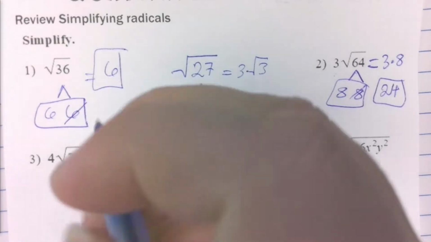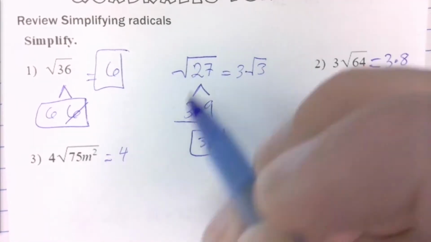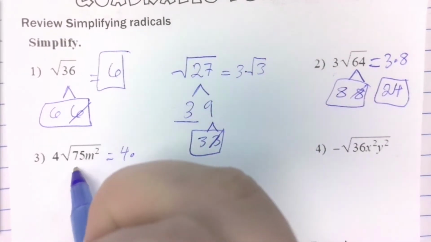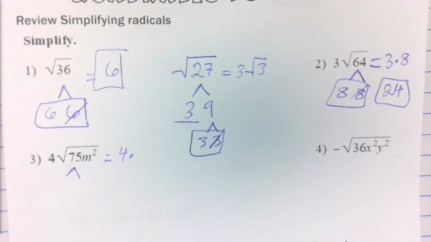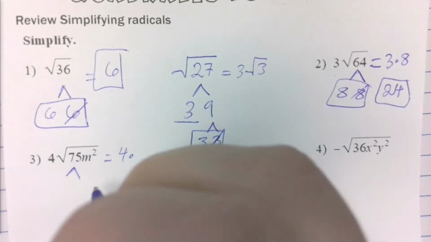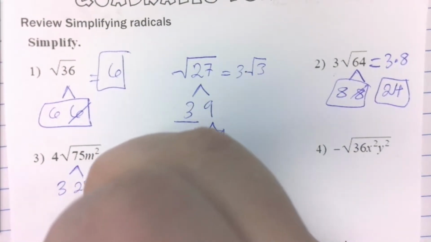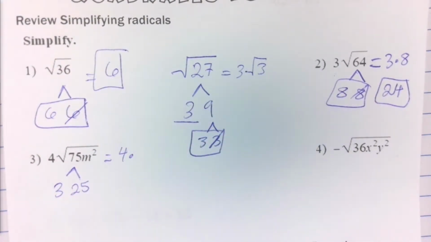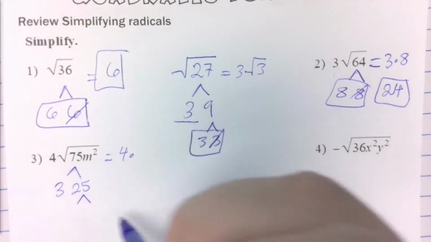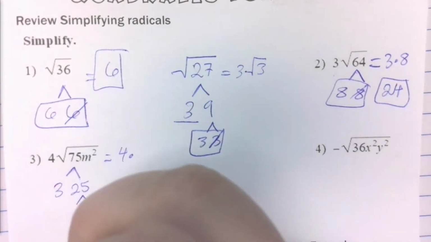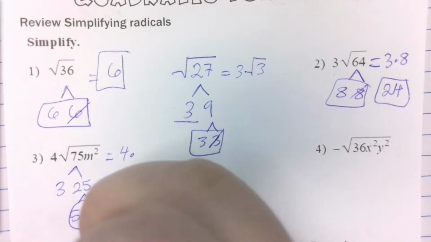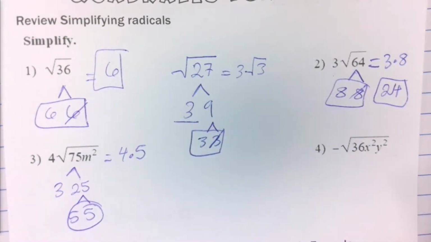The 4 is going to be stuck, so it stays on the outside, and then we're going to break this down. Break down the 75. Give me any two numbers to 75. I like that, because that makes me think of quarters, right? Break down that 25. Okay, that's the same, right? So the 5 can come on the outside.